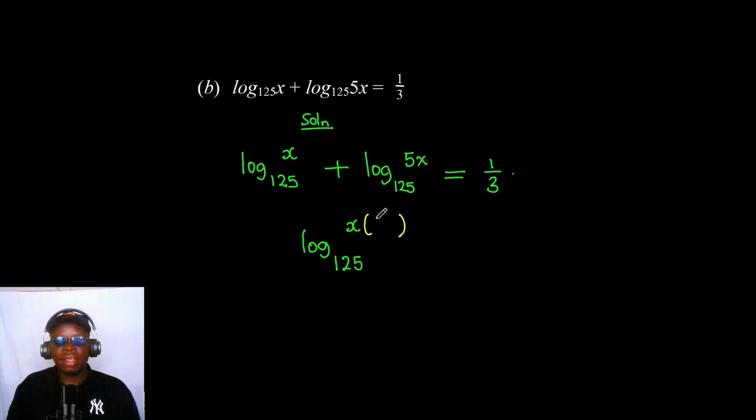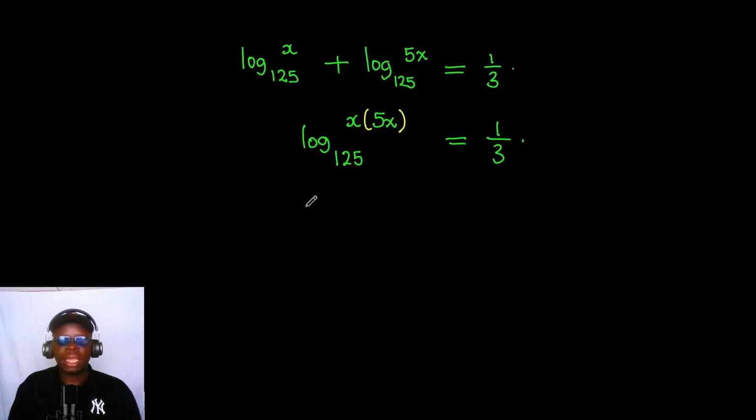Now this is equivalent to 1/3, and we can simplify that. So let's get some more space here and have logarithm to the base of 125 of x times 5x, we get 5x squared, and this is the same as 1/3.